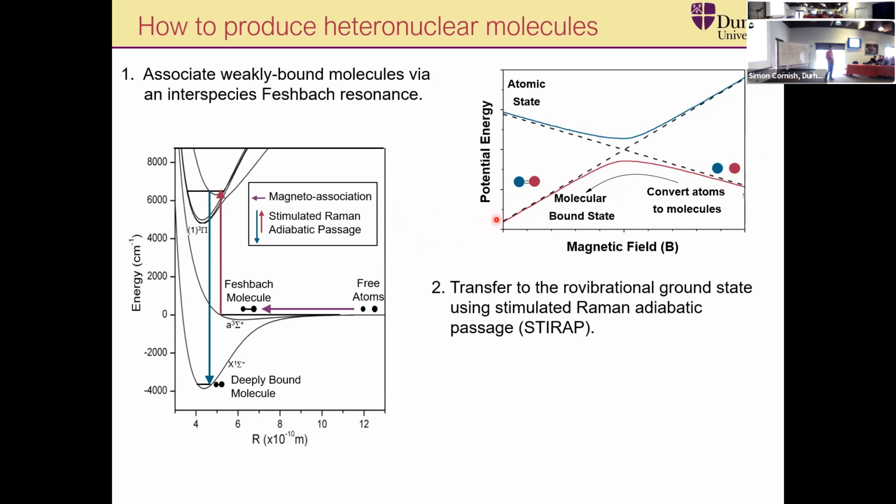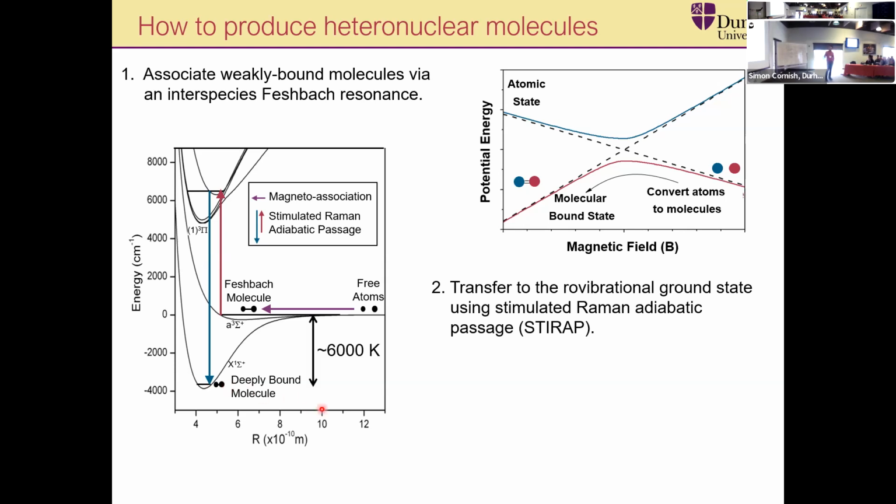And then this real magic step, I think it was a surprise that this worked so well, that we could take this weakly bound molecular state and transfer it all the way down to the absolute ground state of the molecular potential. This is the molecule we want. This is the one that has its dipole moment and, in rubidium-cesium's case, is chemically stable.